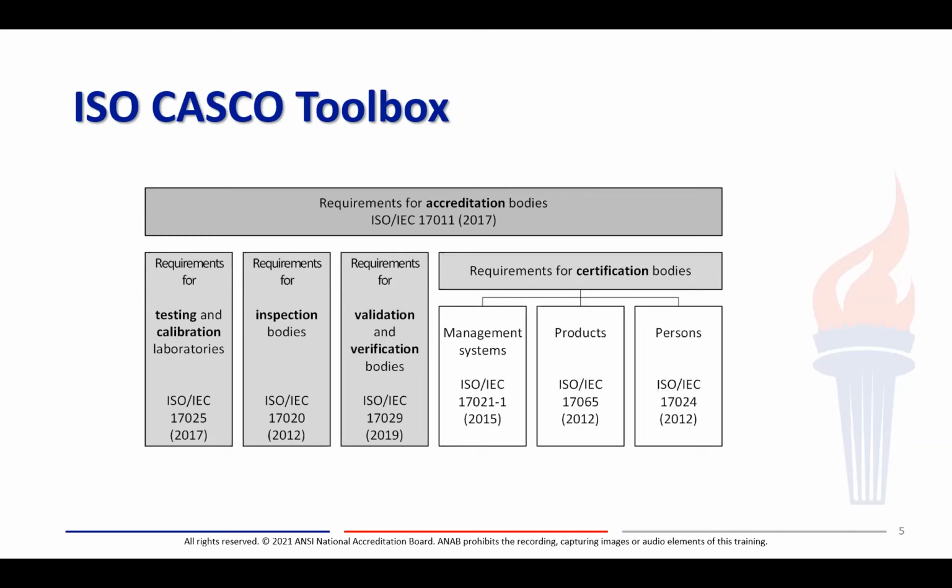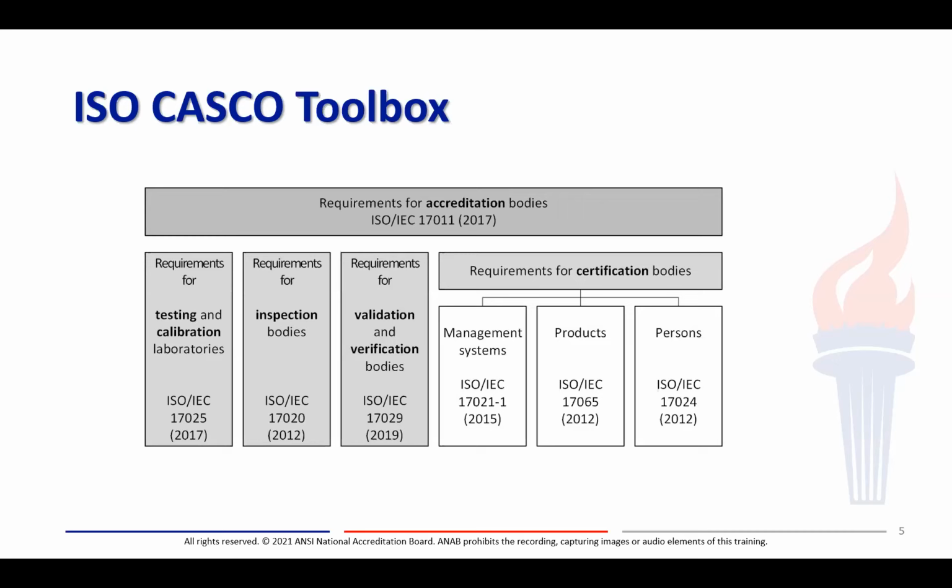ISO is the International Organization for Standardization, and it is the organization that develops these standards. CASCO is the Committee on Conformity Assessment. The committee works on issues relating to conformity assessment, which is testing, calibration, inspection, and so on for the standards listed here, including 17025. You can see that management systems is included in the toolbox.